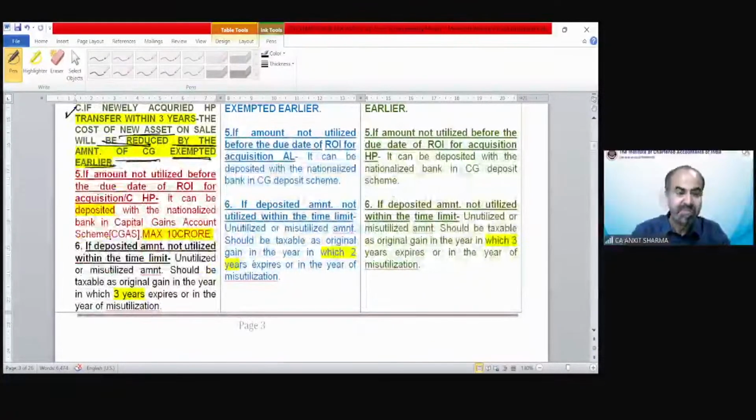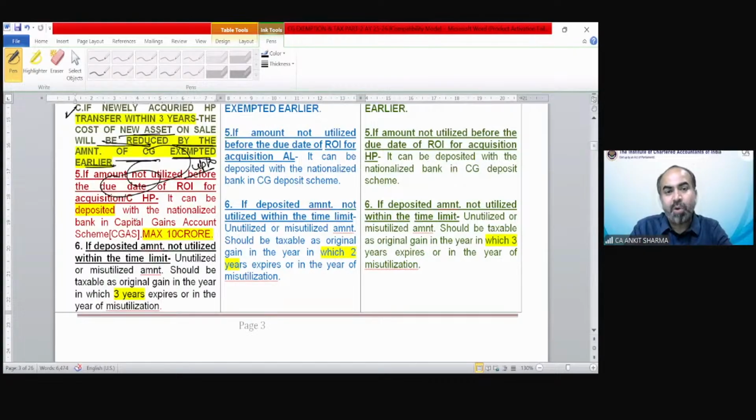And it says, if the amount is not utilized before the due date of ROI for acquisition or construction of house property. So the first option was that you can acquire or construct a property before or up to the due date of ROI. It is not before, it is up to. Fine.